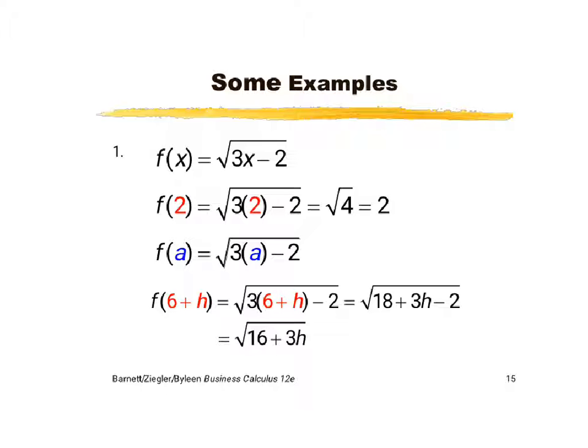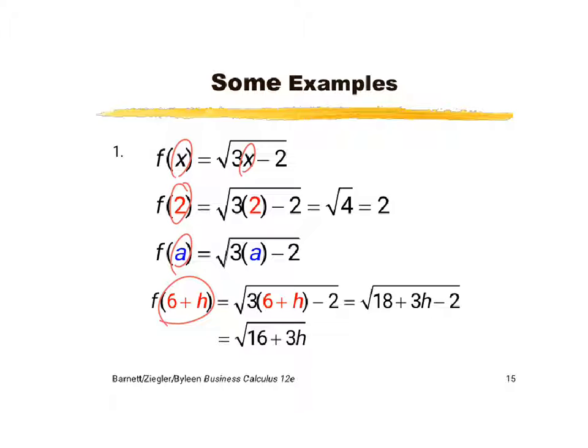Okay, so here we have a few more examples. If we have the function f of x equals the square root of 3x minus 2, and we evaluate it for f of 2, f of a, and f of 6 plus h, that means we're going to plug in these values into the corresponding x values.